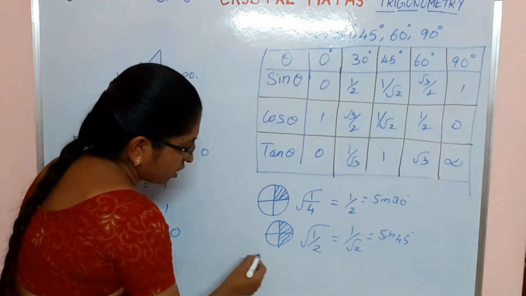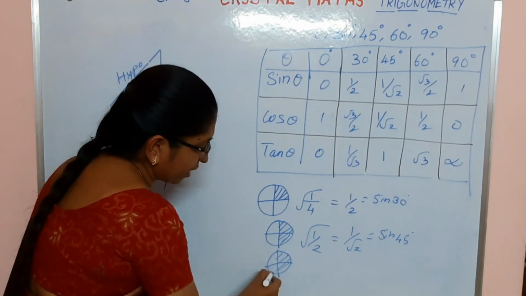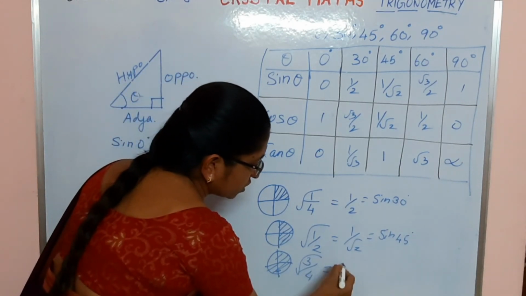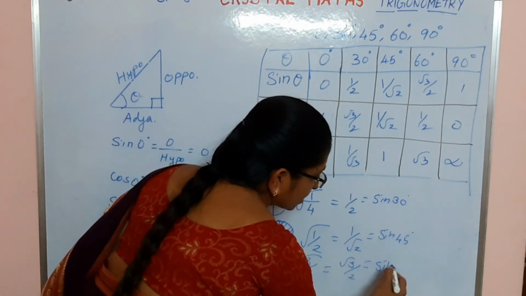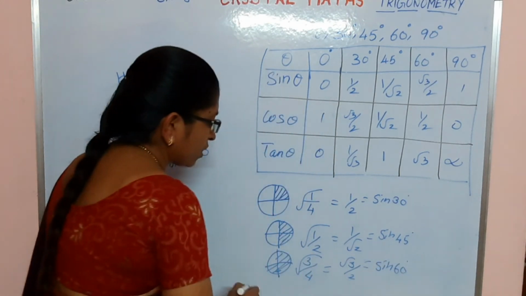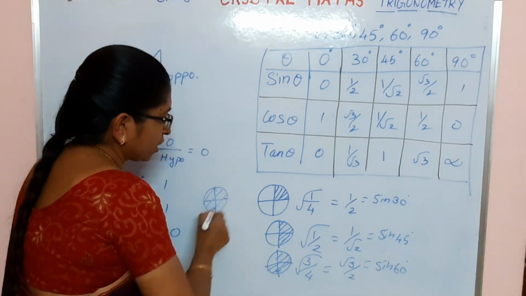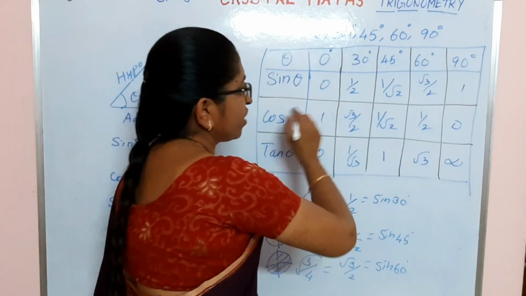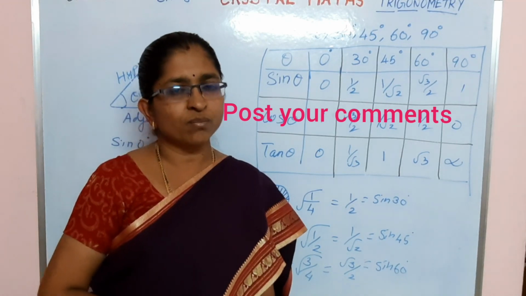Next one, if you are shading 3 portions over there and write the fraction of this, take the square root, which is root 3 by 2, that is the value of sine 60. If you are shading the entire one, that is 1. So square root of 1 is 1. This way, if you remember, you can fill the table in a very simple way.